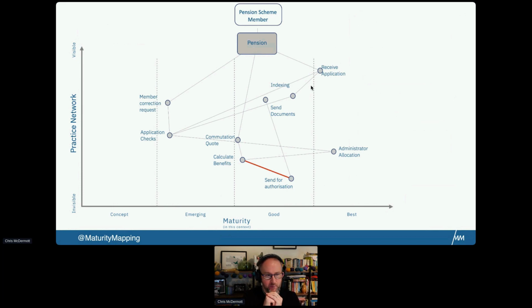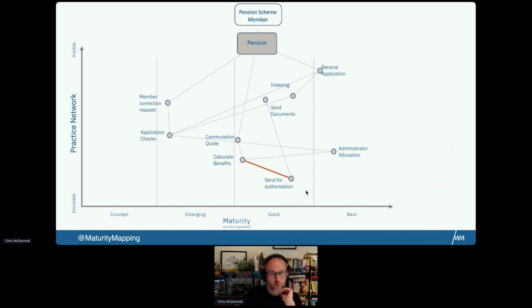I'm not going to go through this map and talk about the individual components or practices on the map, but you see a customer, you see their need, you see the network of practices used to meet their need, the ones that relate directly to them, how visible they are, how mature they are.